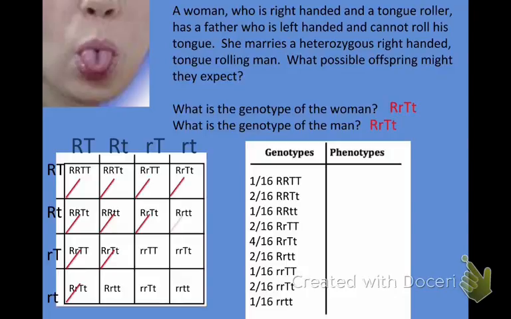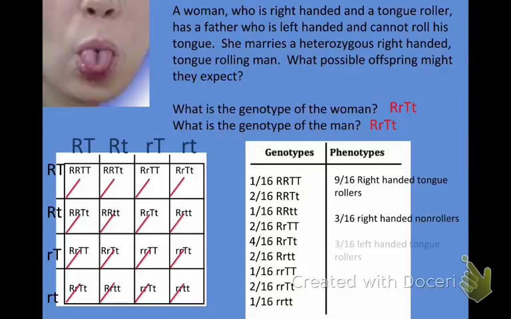Then there's 2. 1, 2, 1. 1, 2, and 1. So your phenotypes come out 9/16 right-handed tongue rollers, 3/16 right-handed non-rollers, 3/16 left-handed tongue rollers, and 1/16 left-handed non-roller.